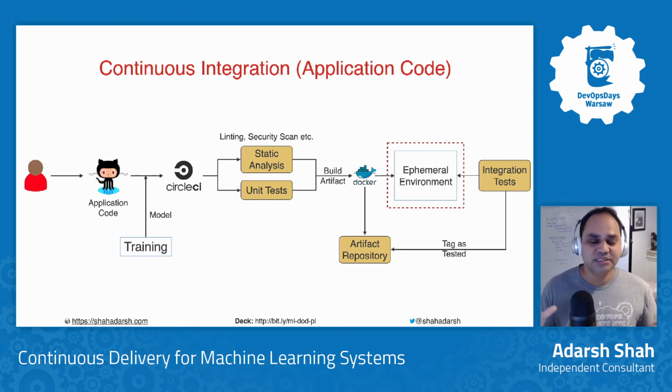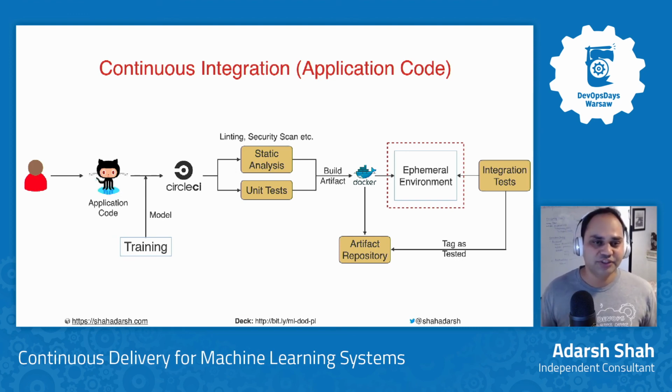But here, one thing that is different is you might actually want to provision an ephemeral environment, ephemeral being a temporary environment, and then test your code, right? Run your integration tests, and then tag that artifact and push it to the artifact repository.